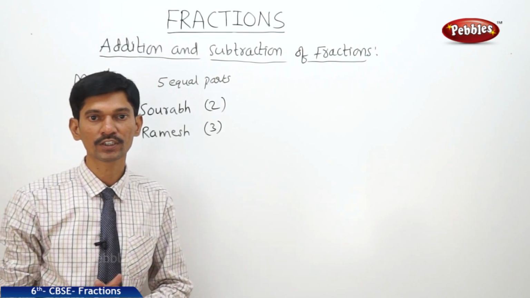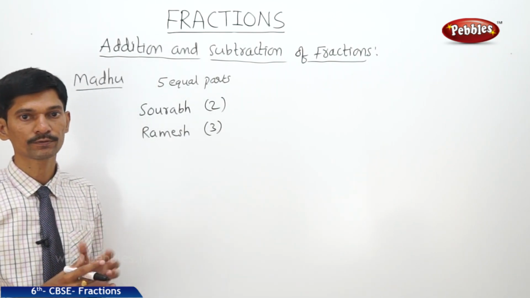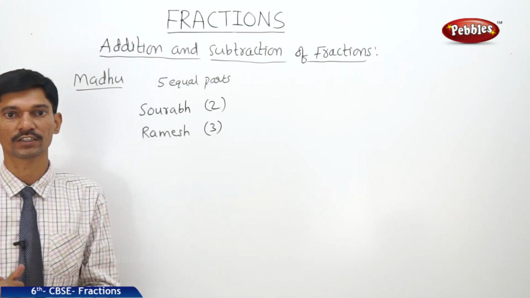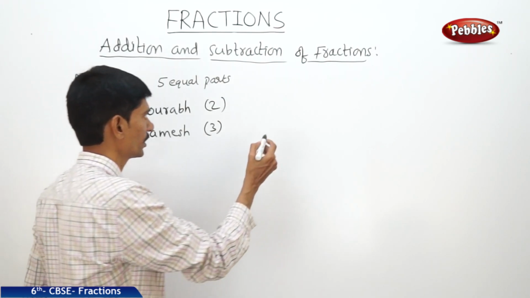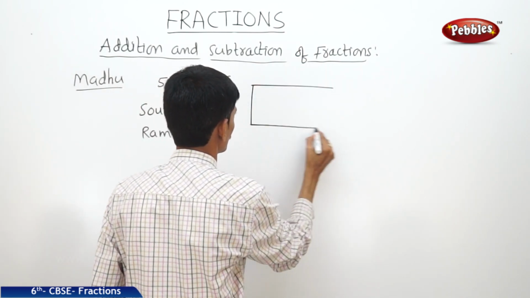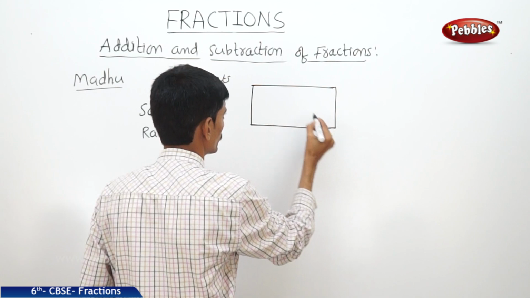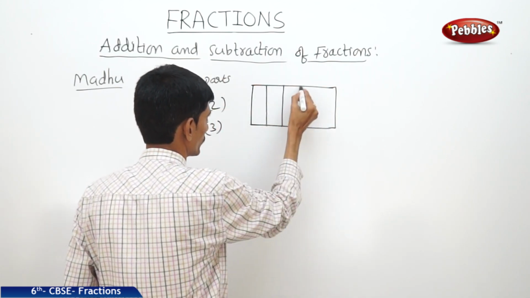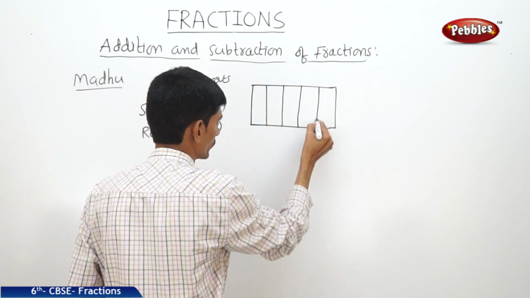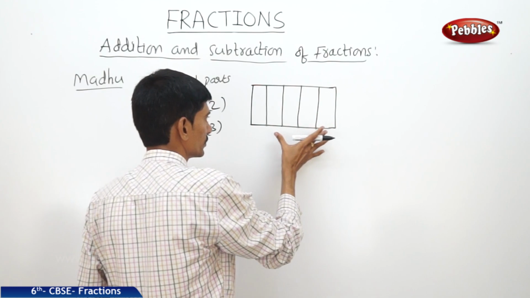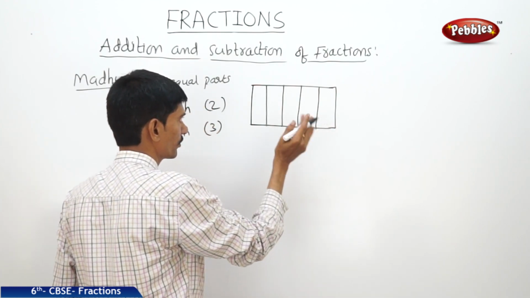There are some situations in our day-to-day life where we can add or subtract fractions. Now for example, let us take a rectangle which is divided into 1 2 3 4 5 parts. The rectangle is divided into 5 equal parts.